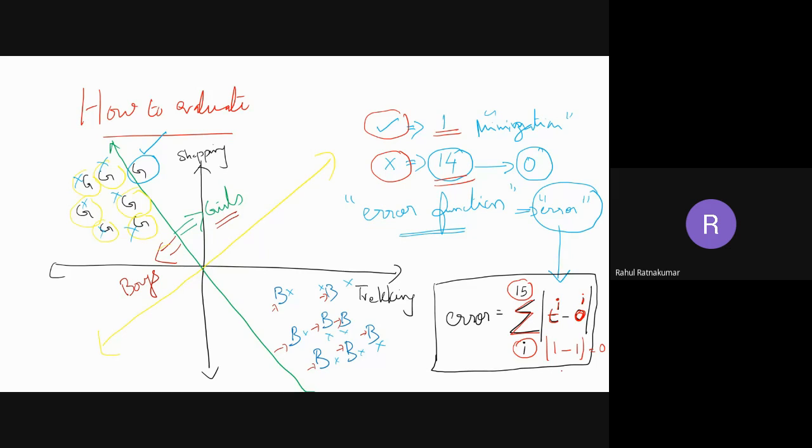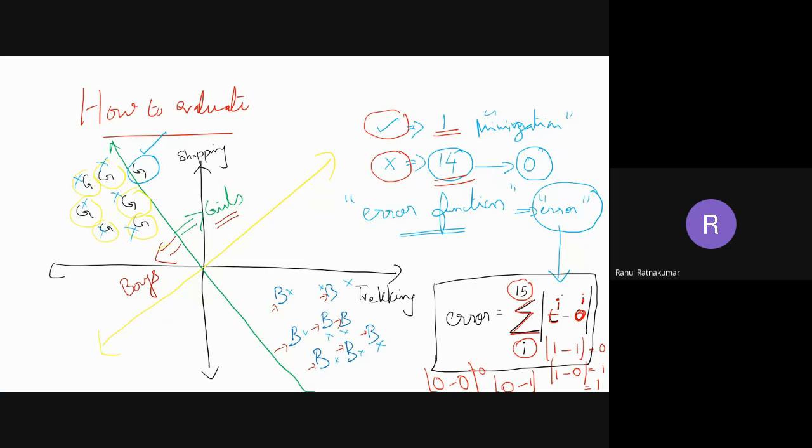If the target is a boy and the classification is a girl, 1 minus 0, there is an error in that classification. If the target is a girl and the classification is a boy, 0 minus 1, the modulus of 0 minus 1 is 1 again. If the target is a girl and the neural network output is again a girl, I get a 0. So T stands for target, O stands for the output of our neural network.